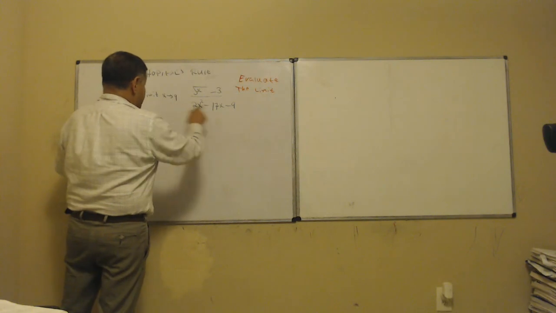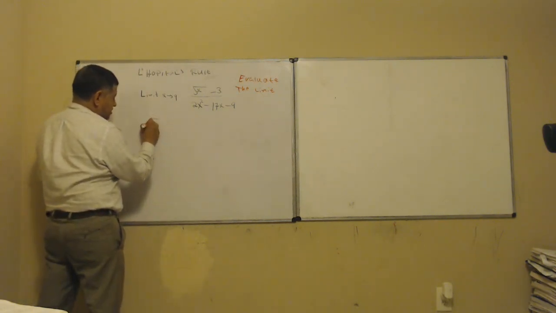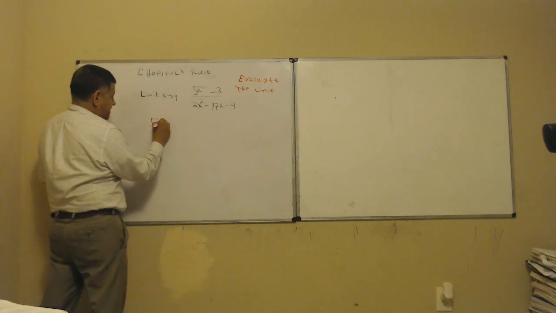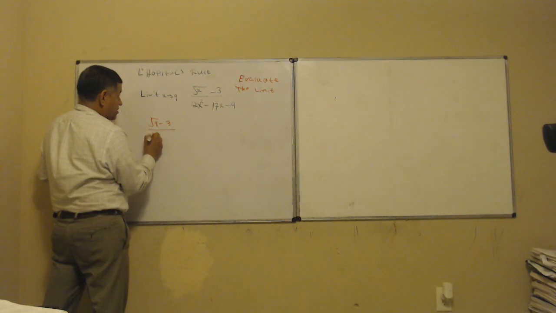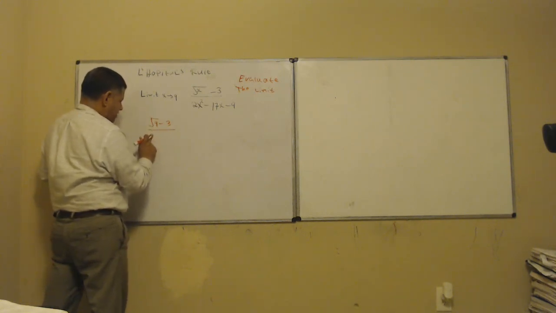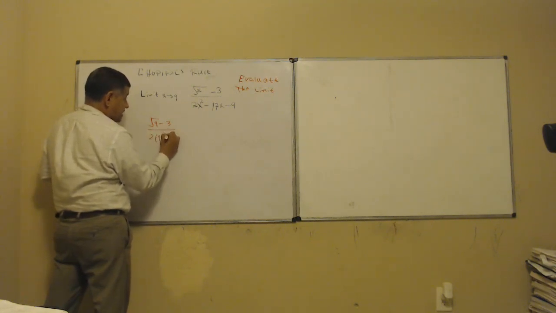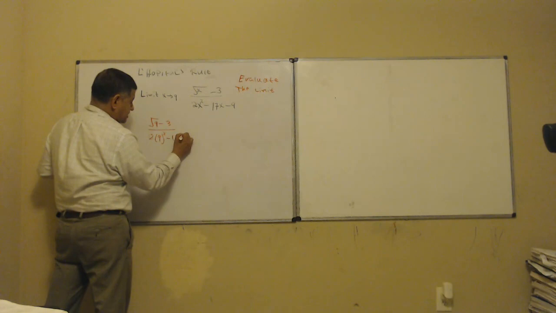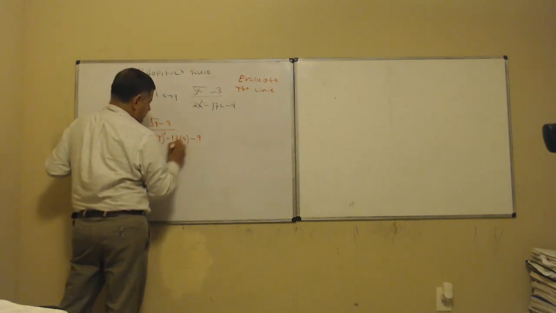Now with direct substitution, we get the square root of 9 minus 3 over 2 times 9 squared minus 17 times 9 minus 9.